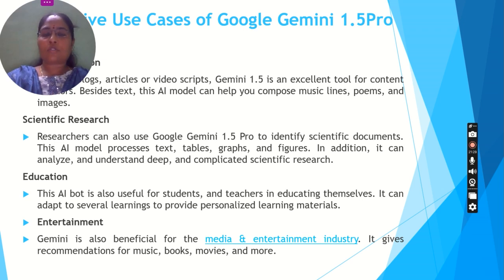There are also some plagiarism tools which work to find out whether content is given by ChatGPT or Gemini 1.5 Pro. So all the content produced by AI will not be accepted.